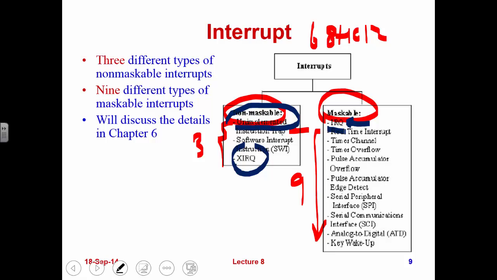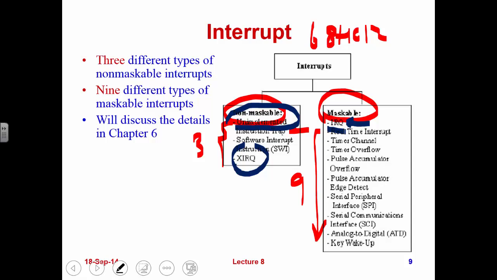Say the accumulator only contains 8 bits, but now you have to store 9 bits. Sometimes you count how many times an event happened, and the number of events exceeds the maximum value the pulse accumulator can contain. Then this belongs to maskable interrupts.